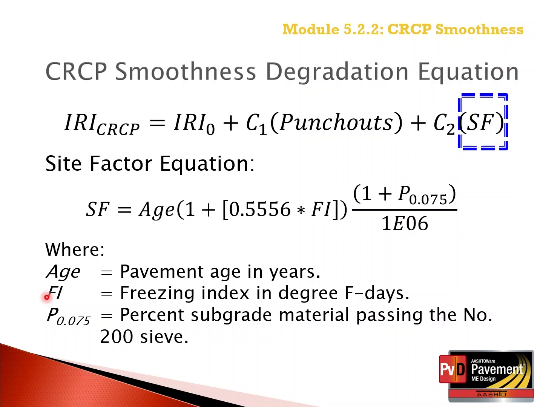In addition, deeper frost penetration results in increased IRI due to increased frost heave potential. Percent passing the 200 sieve can result in an increase in subgrade volume change over time.